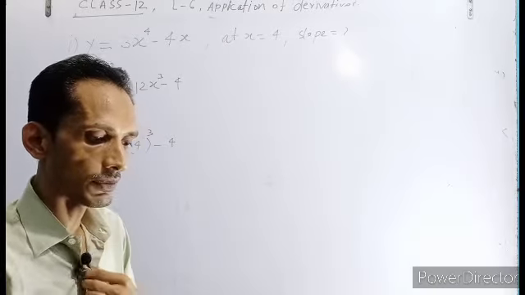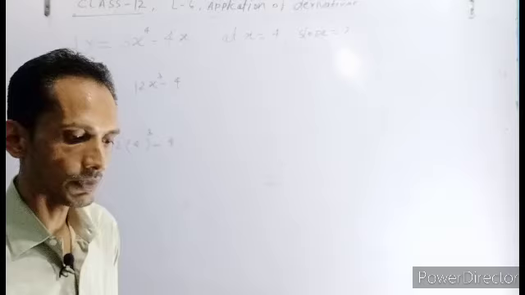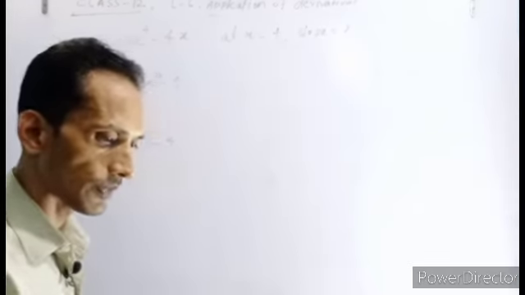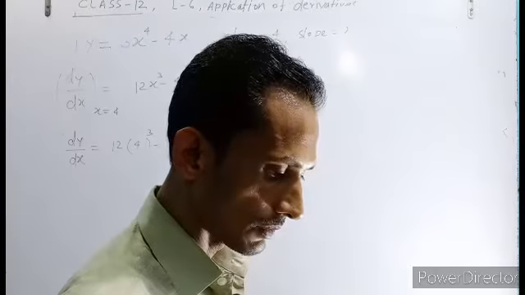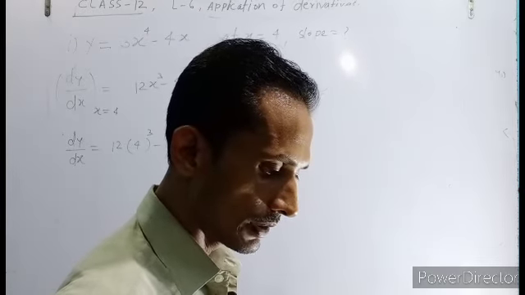Find the slope of the another one, y equal to x minus 1 upon x minus 2. Similarly the third one I am giving you.